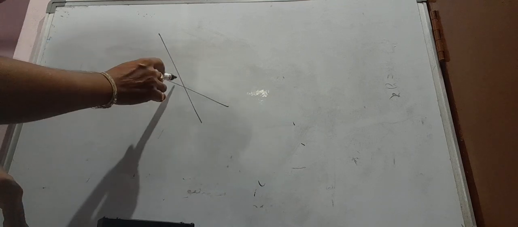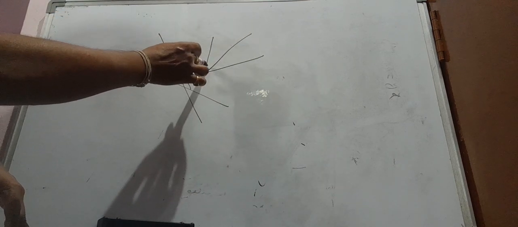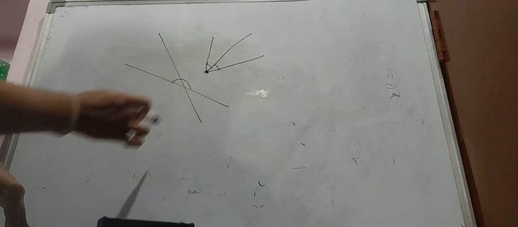Once again I will explain in this video what adjacent angles are. Whenever like this, see, these two are adjacent angles. Not only these two, like this, one ray and these two are also adjacent angles.